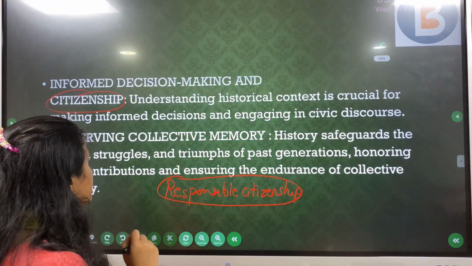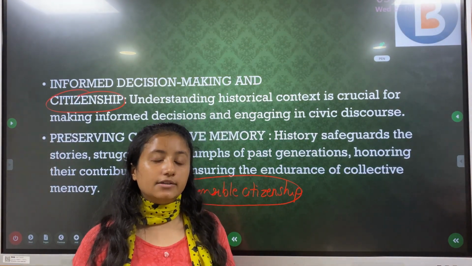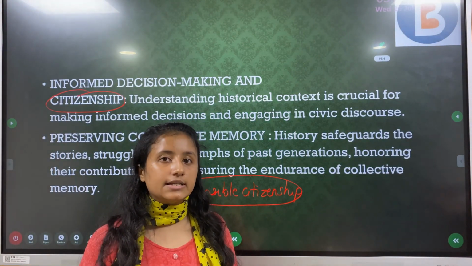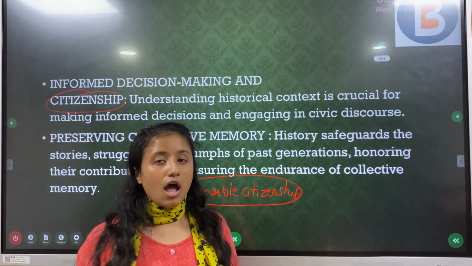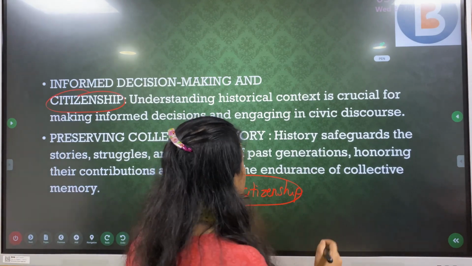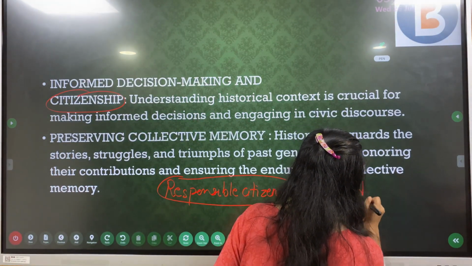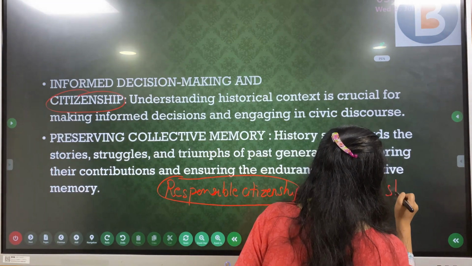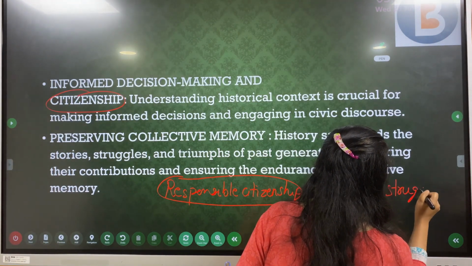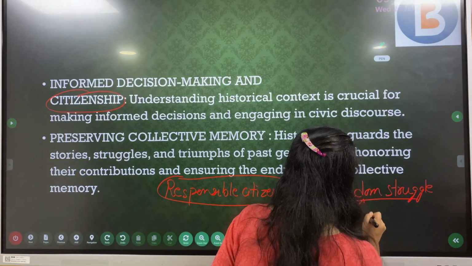Next one is preserving collective memory. So history helps us in preserving the collective memory of events and specific people who have contributed in a significant manner. For example, let us take our freedom struggle. There we had a lot of people who gave up their lives and contributed in an immense way.